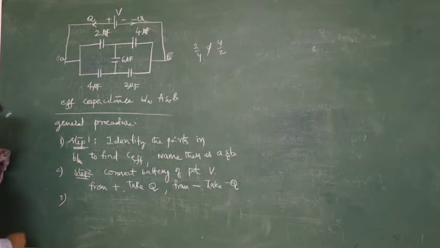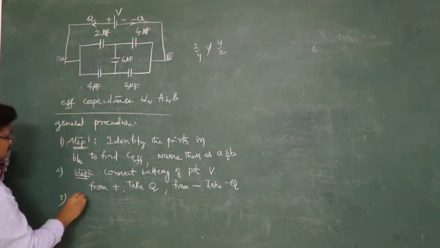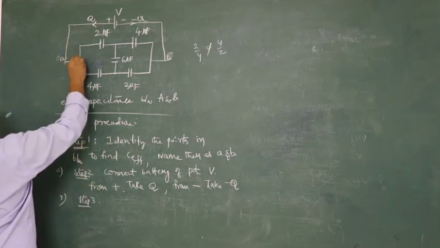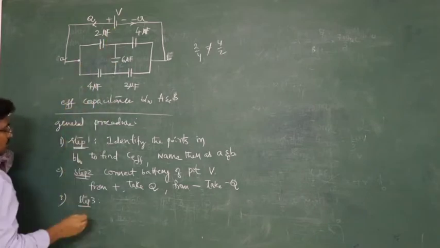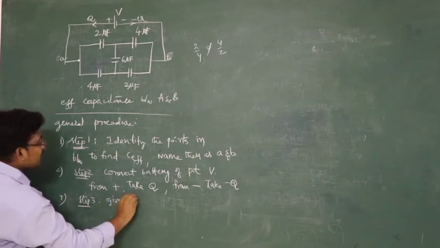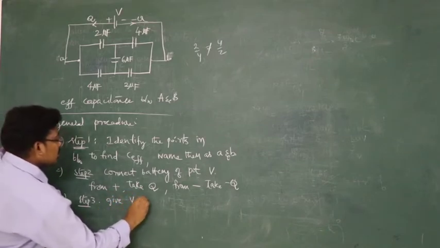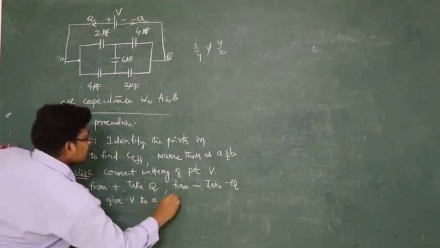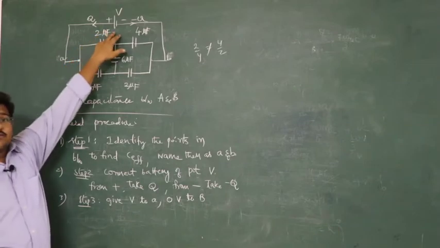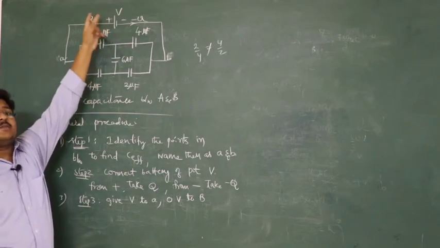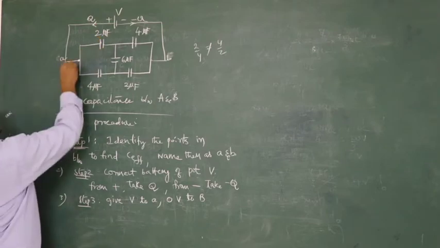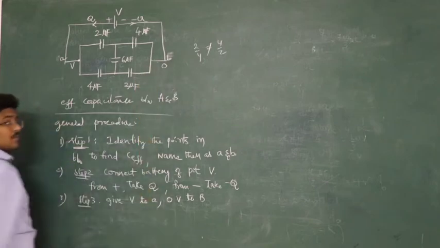And the third one, step 3: give capital V voltage to point A and 0 voltage to point B. This is a battery of V volts, plus and minus, so plus will be V and minus will be 0, and that is why A will be at V voltage and B will be at 0 voltage.